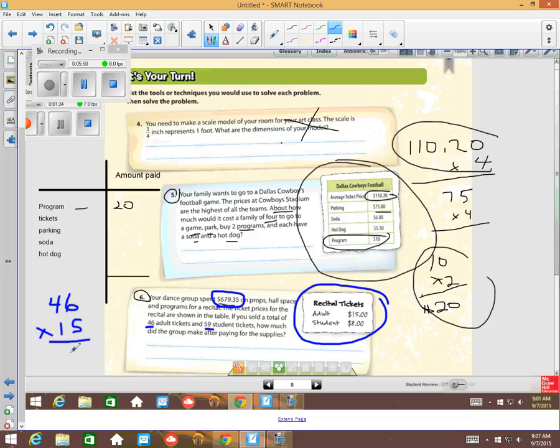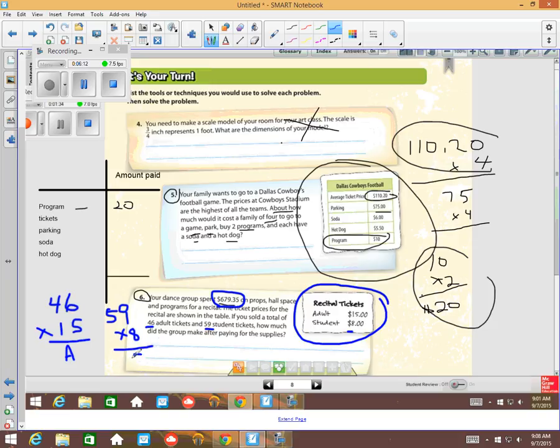on adult tickets. I'm going to put A for adult after you multiply that out. Then you've got student tickets. So you're going to take the 59, and what are you going to multiply for student tickets? You're going to multiply it by 8. And that's going to give you the amount for student tickets.